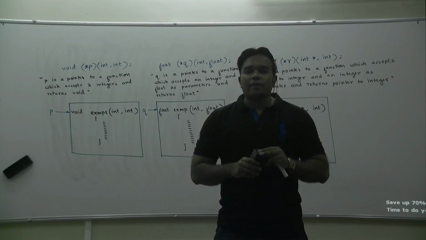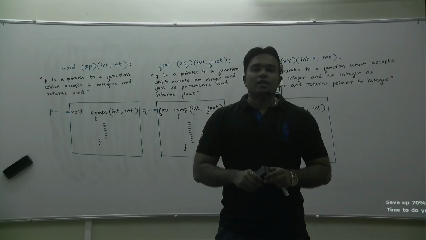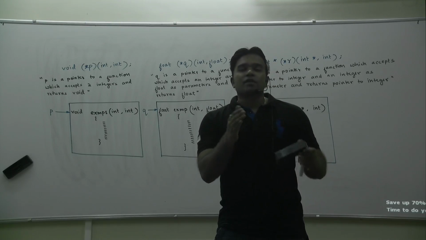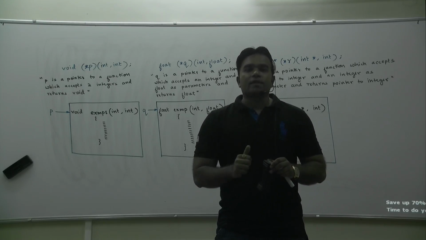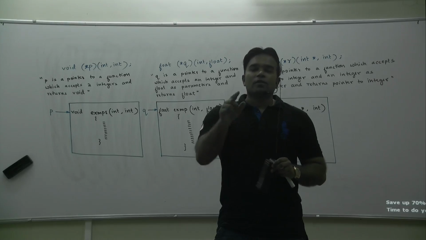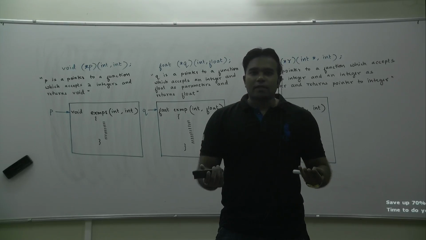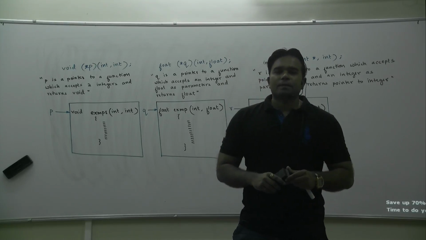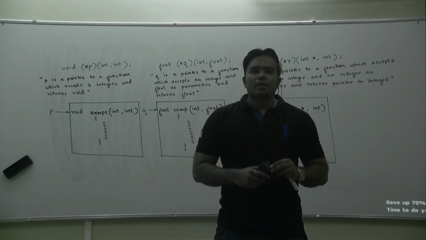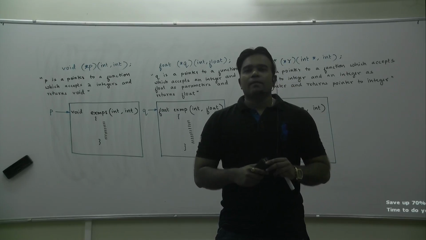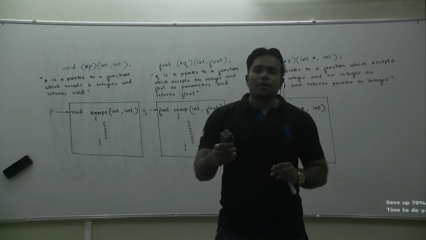In interviews, when they ask you what a pointer is, very often students will give this definition: a pointer is a variable which holds the address of another variable. Correct, it holds the address, but what is the use? That is the point. So you can also say here, it is a variable which holds the address of another variable. Add that also, don't miss that.